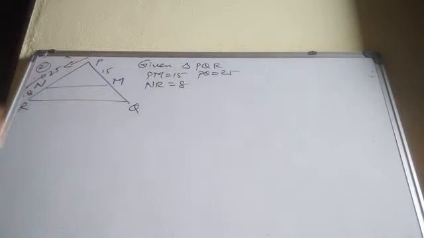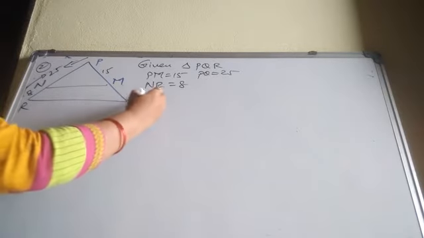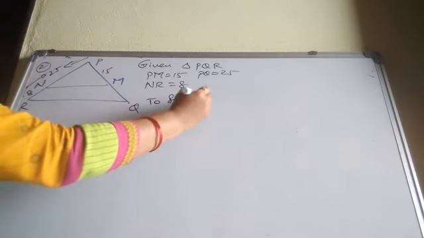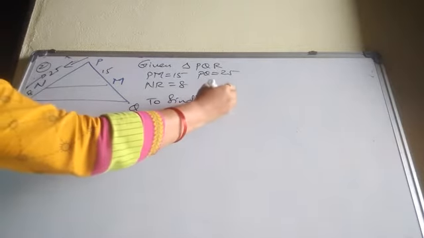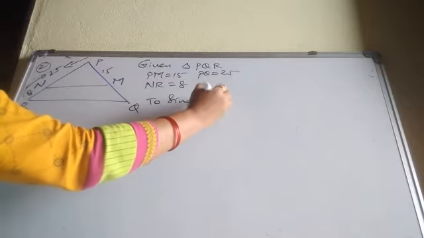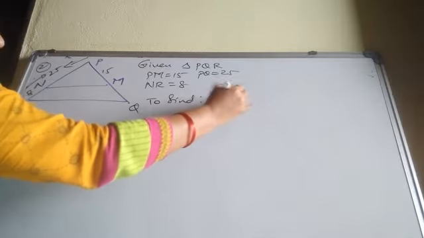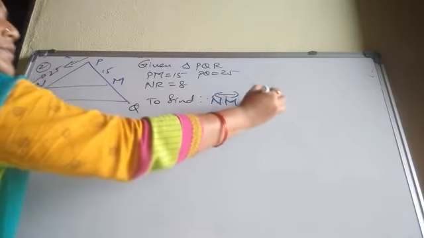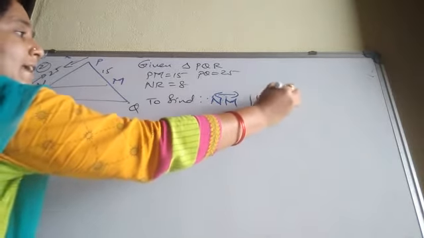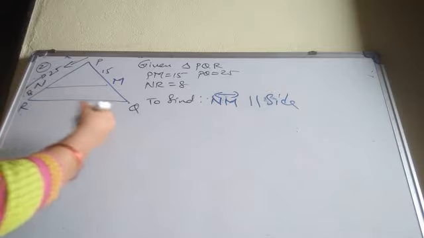To find: state whether line NM is parallel to side RQ.